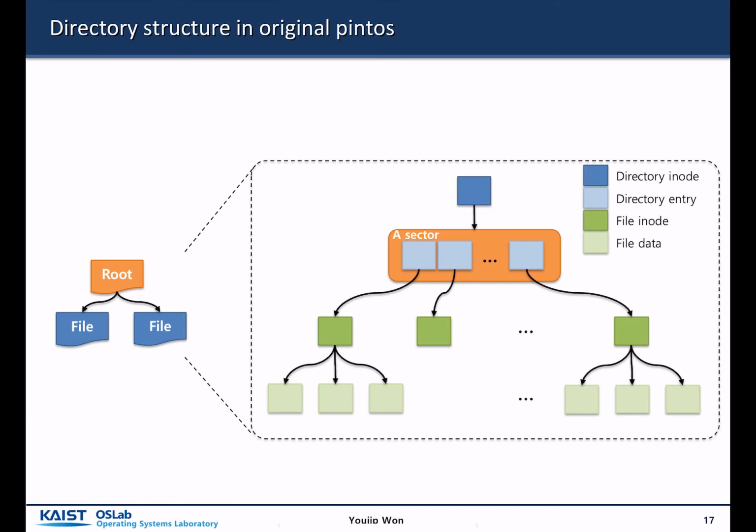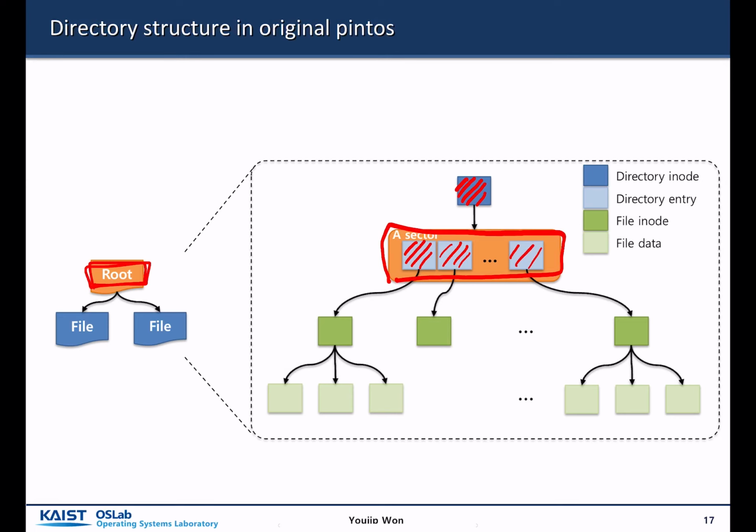Okay, so this is the structure of the directory in original Pintos. There is only a root directory, so the directory is flat. And the root directory, of course, has an inode. Then the inode has the associated data block, and the data block has directory entries.